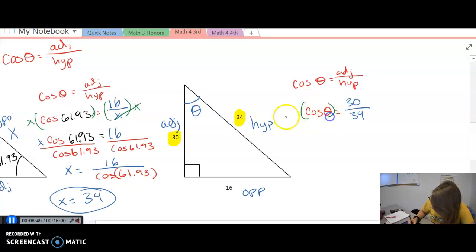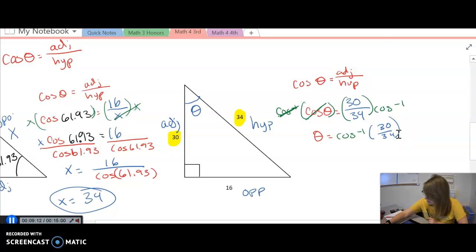So each of these have an inverse that goes along with it. So just like before, they cancel out the inverse and the normal. So we have theta equals the inverse cosine of 30 over 34.